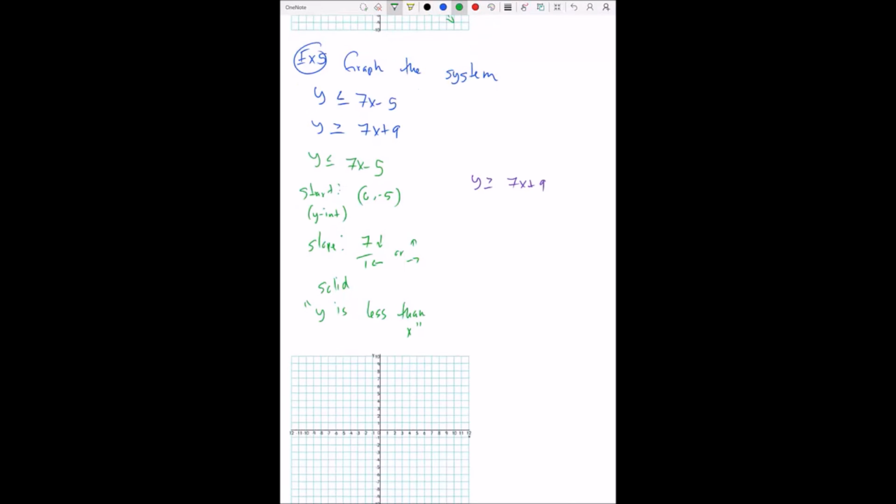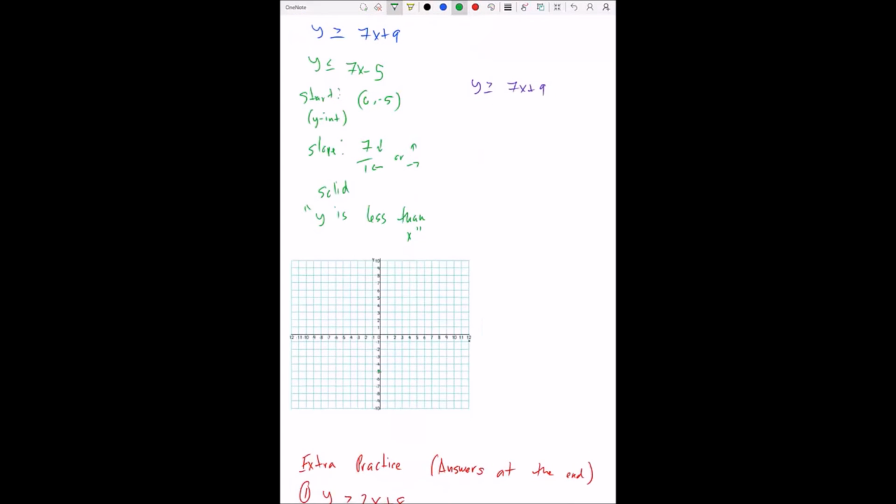Alright, so let's graph this. We're going to start at 0, negative 5, and we're going to go up 7, right 1. We're going to connect the dots with the solid line. And it says y is less than x.